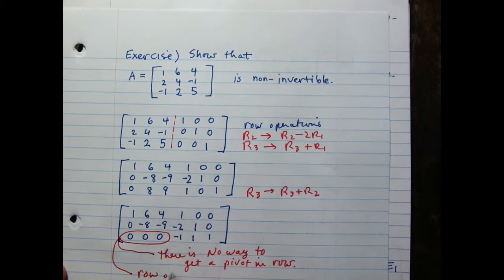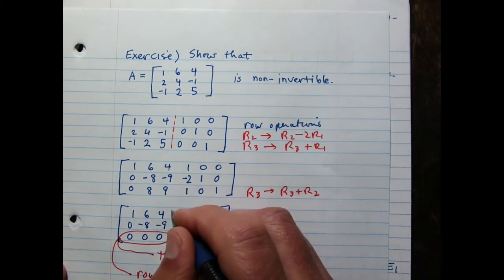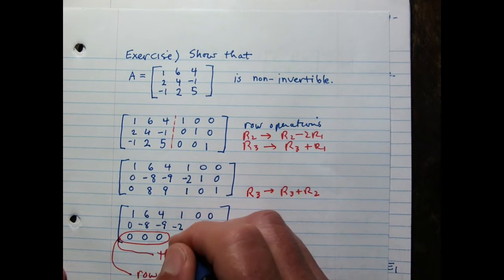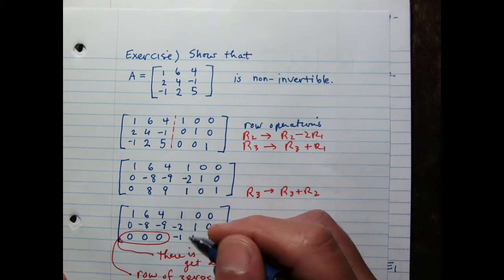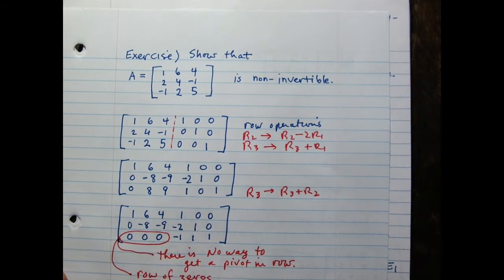Row of zeros is the trouble, so don't worry about the reason. As soon as you find that row of zeros, again, for just the A part of this matrix, then we know that A is not invertible.